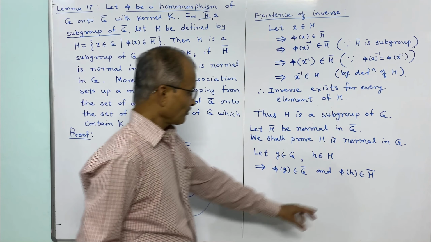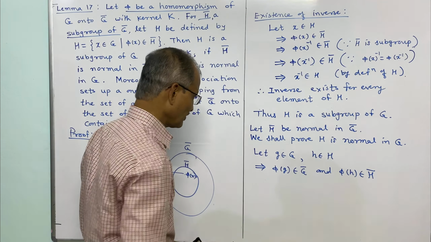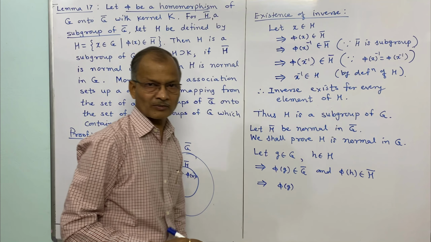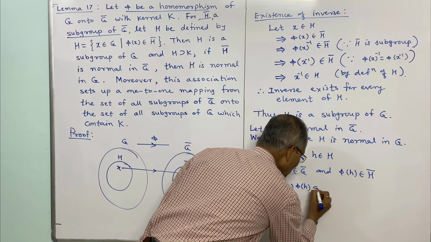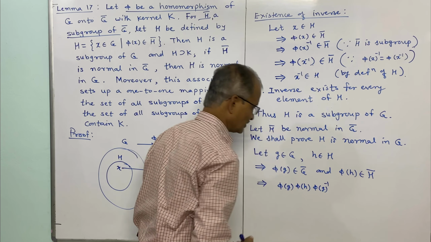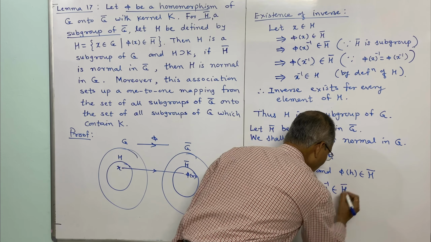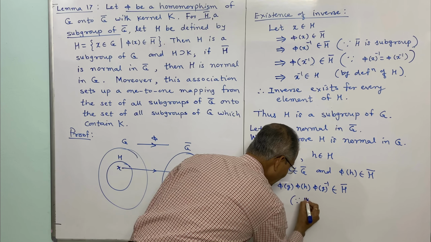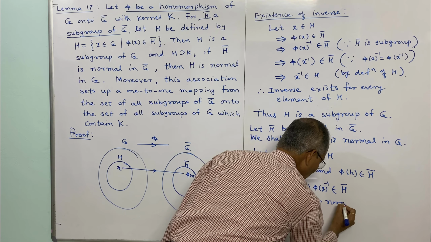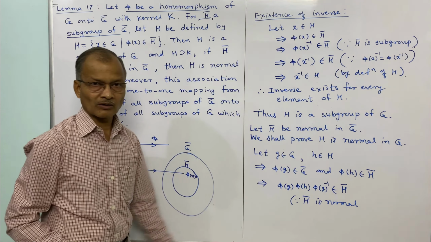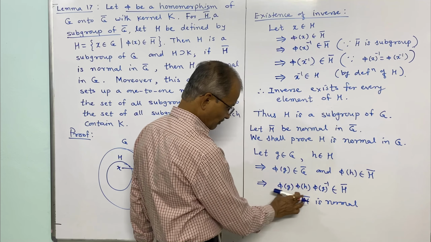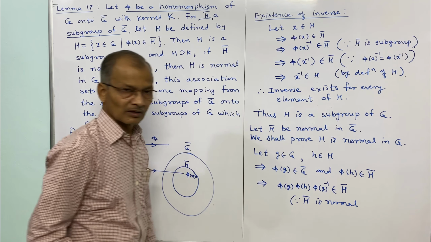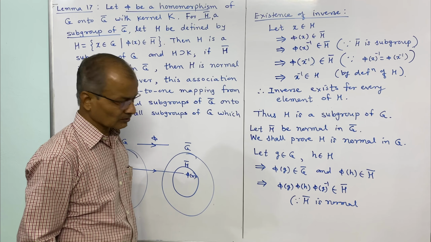And because H bar is normal in G bar, by the definition of normal subgroup, phi of g times phi of h times the inverse of phi of g belongs to H bar, since H bar is normal in G bar. We have used the condition from our definition of normal subgroup. So this is in G bar, this is in H bar. The product phi of g, phi of h, inverse of phi of g also belongs to H bar.